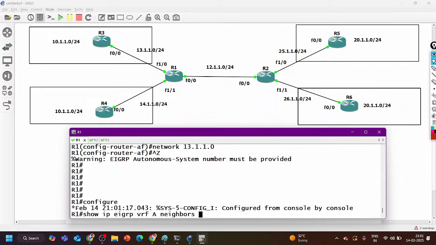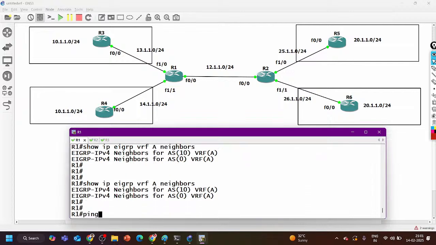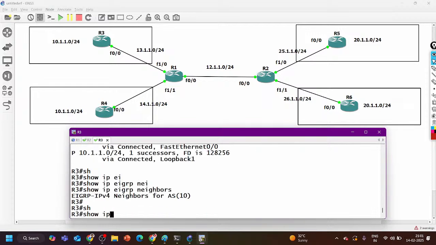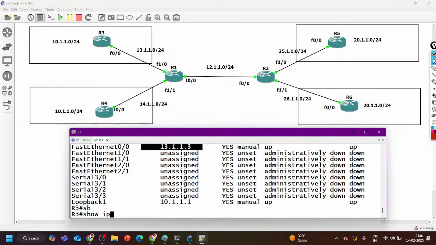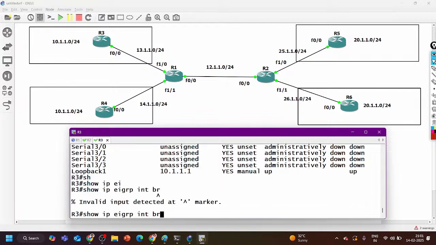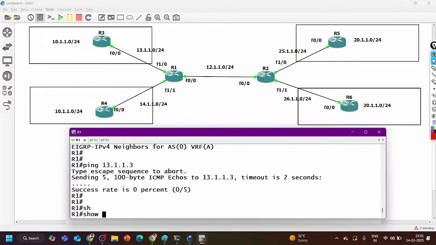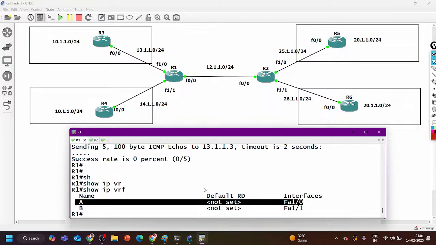Right, and now if you check show IP EIGRP VRF A neighbor, soon we will have neighborship. Ping 13.1.1.3. Ping is not working. What is the issue? Show IP interface brief. This is up, and show IP EIGRP is enabled on both interfaces on R1. Show IP VRF, so F1/0 is in VRF A, that is fine.